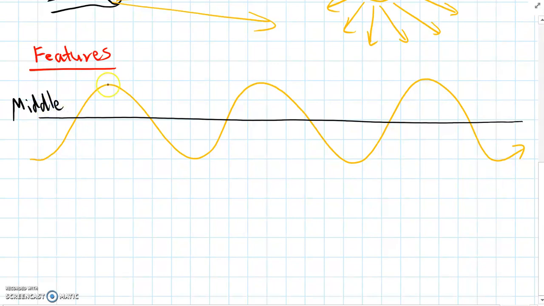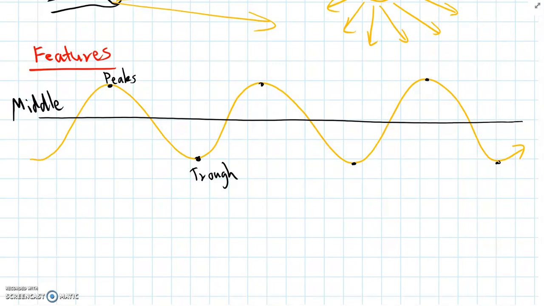And we can also label the top and the bottom of the light wave as the peaks and the troughs. Peak means the top and trough means the bottom. So in this light wave we have 3 troughs and 3 peaks.